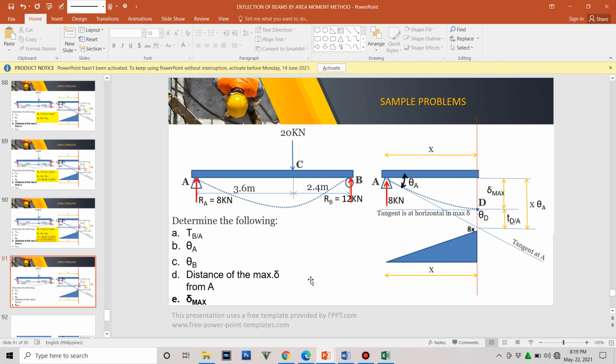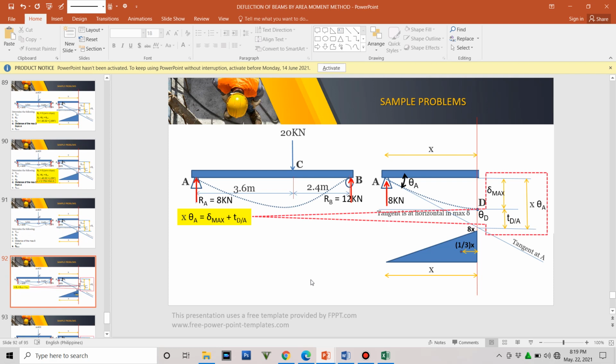Okay? Now, for delta max, we will just have to use this relationship. Ano ba yung relationship na yan? Kasi ito, y yan kanina. May express natin yung y in terms of x times theta A. And actually, ito yung sum ng delta max at deviation at D with respect to the tangent of A is actually this one, x theta A. So, yun.